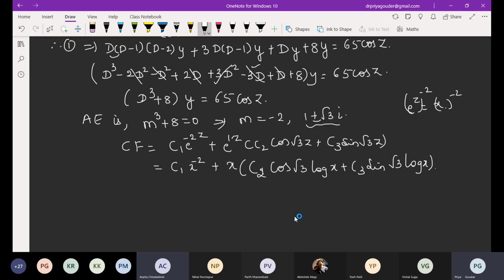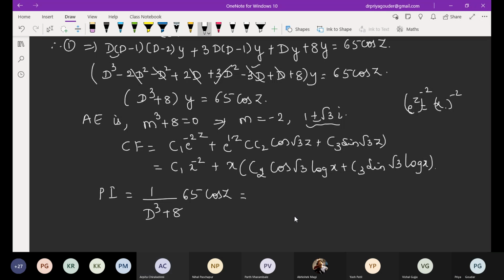Okay, done. Now PI. PI is 1 upon D cube plus 8 operating on the RHS function, which is 65 cos z. Tell me, this belongs to which case? Second case. What do we do there? D square is replaced by -1.